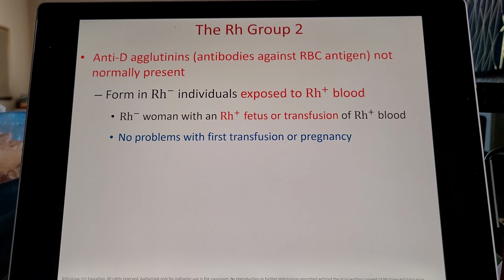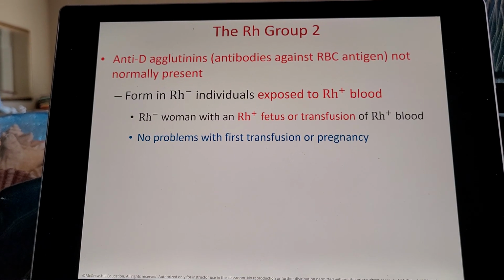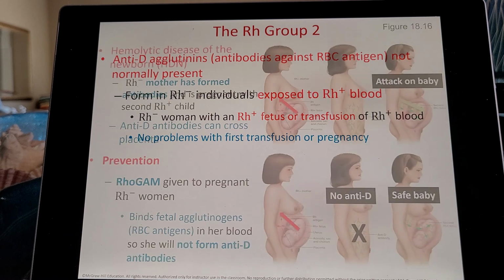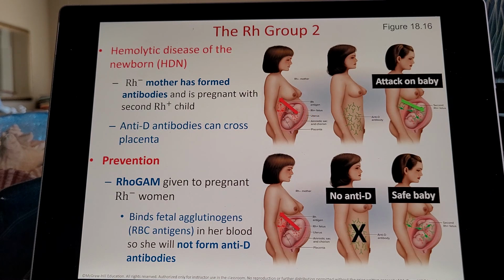Either through a transfusion, or usually the situation happens with a pregnancy. So the mother is RH negative, and let's say her fetus has RH positive blood. No problems the first time. It comes the second time with a possible exposure.